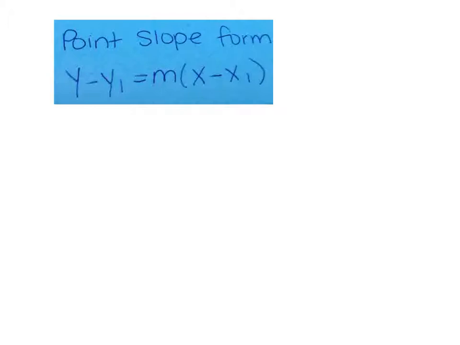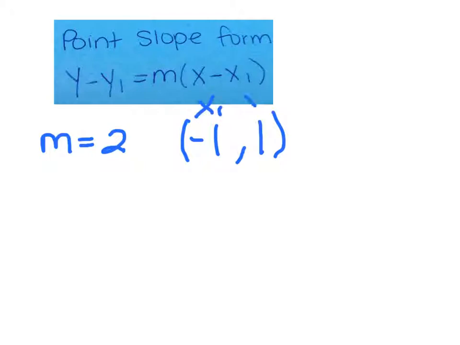So before we had m equals 2, and we wanted to go through the point -1, 1. Okay, this is going to be our x1, y1 right here. So we'll be plugging that in for the x1 and y1.